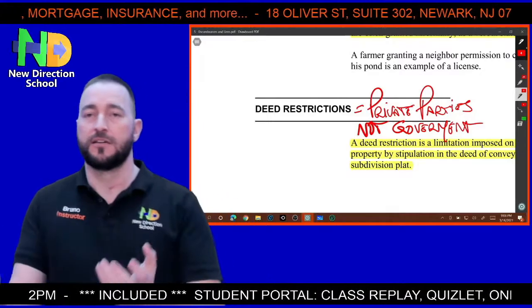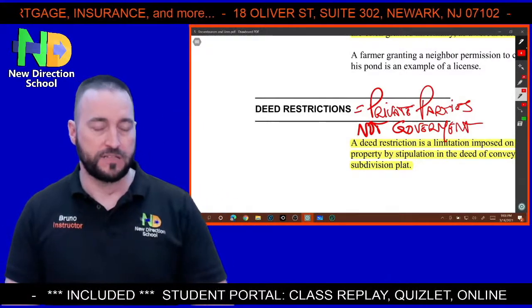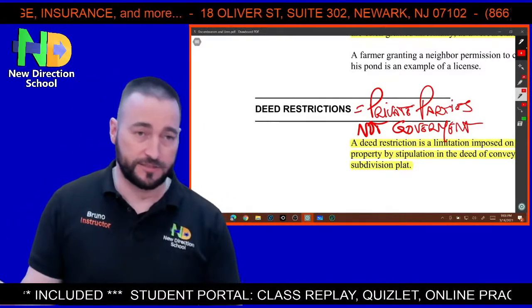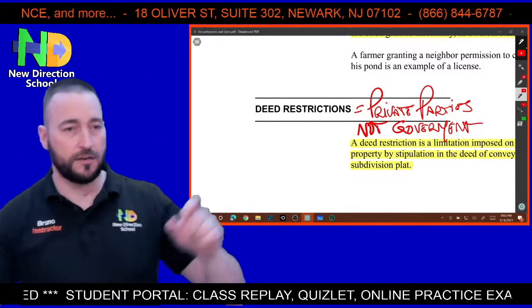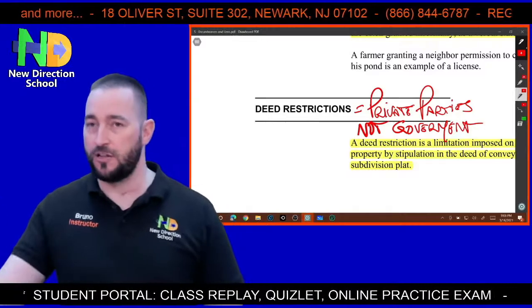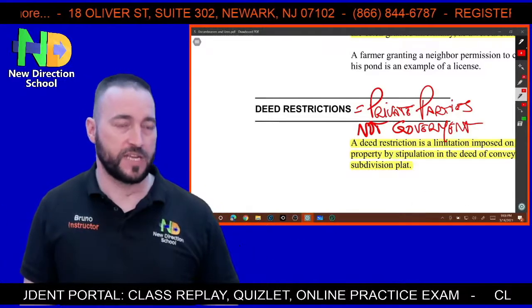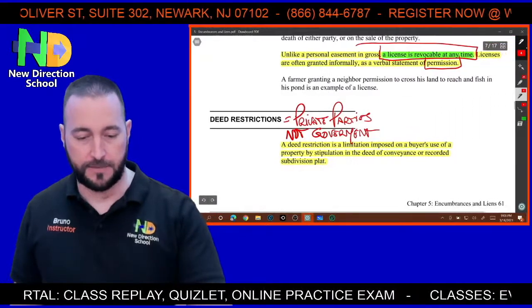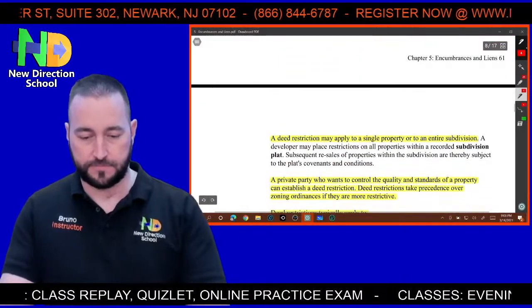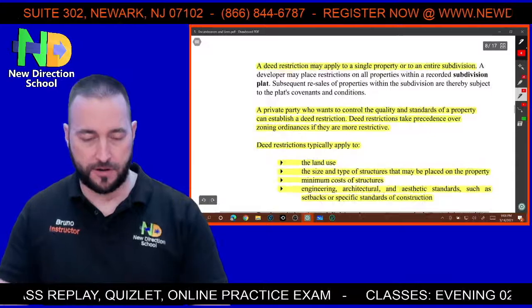Government is zoning, for instance. Taxation, for instance. That's government. If it's a restriction from the seller to the buyer, from the developer to the buyers, okay? It's always private, between private parties. Private party, right here.